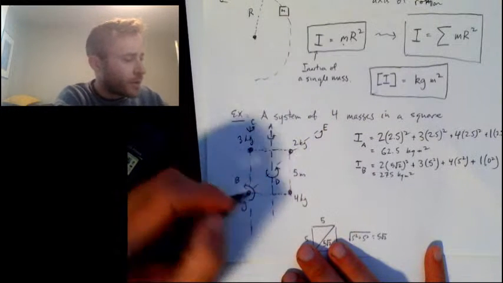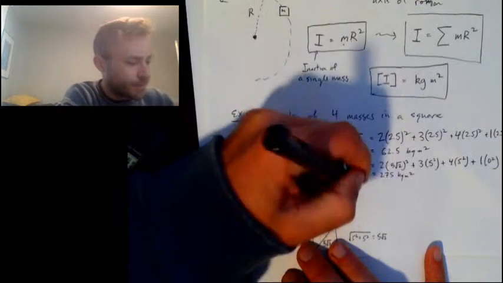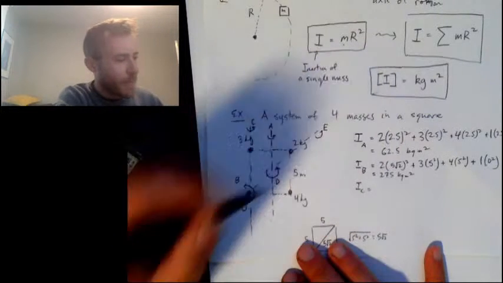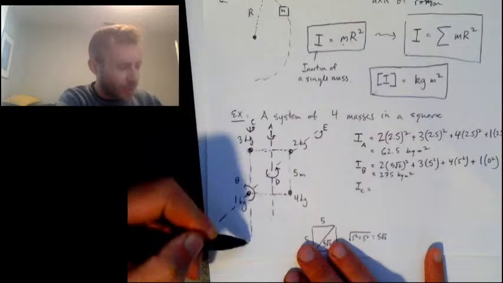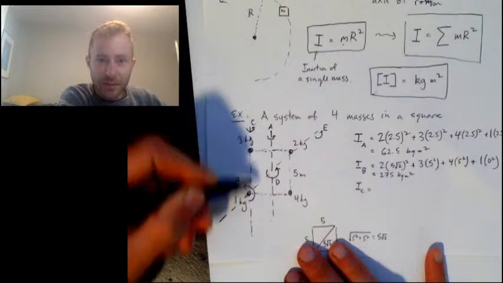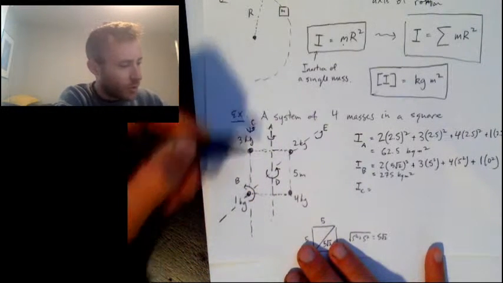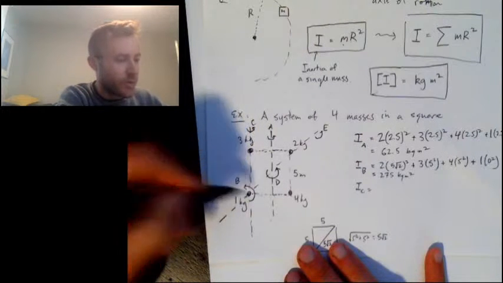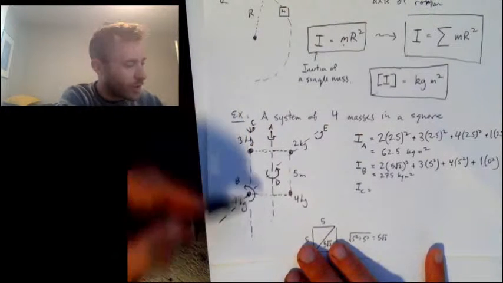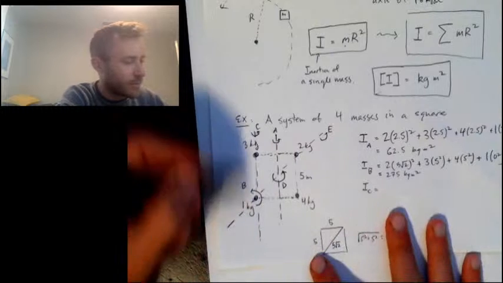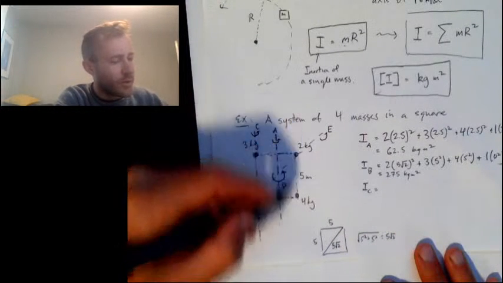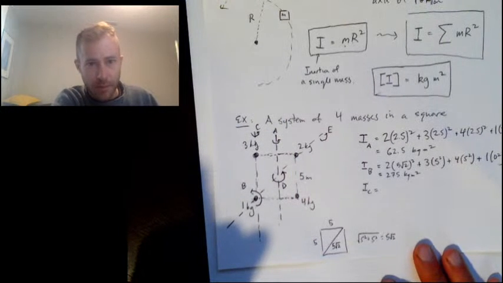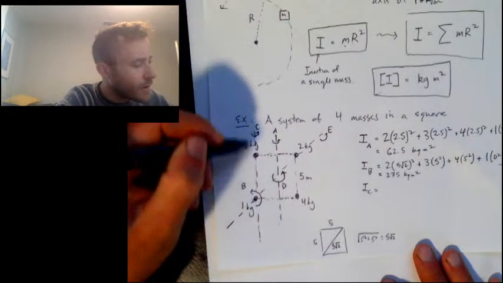All right, let's take a look at axis C. For axis C, we can see that the axis passes through 2 of the masses. So these 2 will not contribute to the inertia rotating about axis C. So only the 2 kilogram and the 4 kilogram are going to matter.